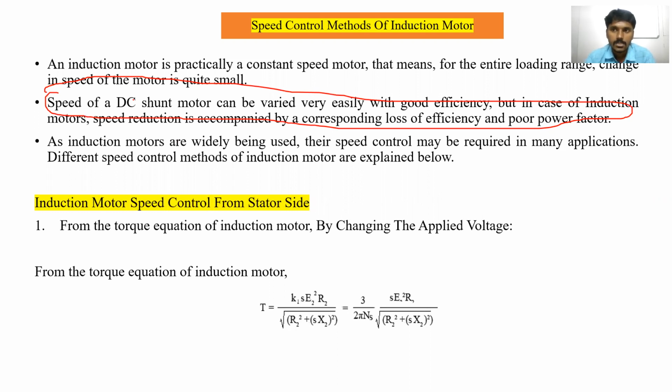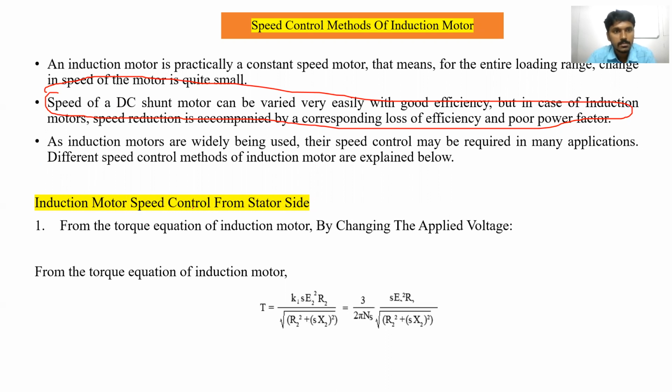That's why we use the induction motor in constant speed applications. But nowadays, as we said, we have control technologies using power electronic converters. Due to the development of these converters, power control is very easy. So the induction motor can also be used in variable speed applications.